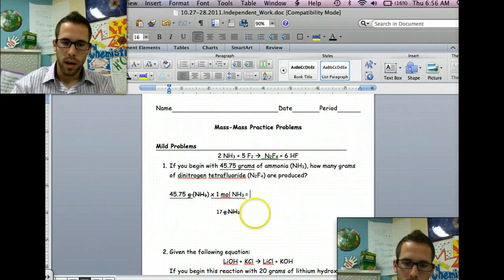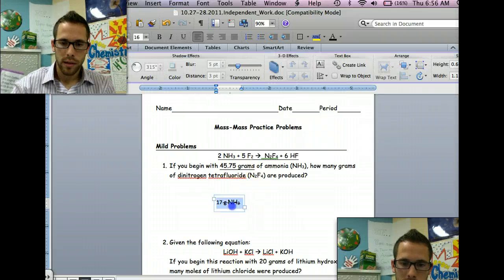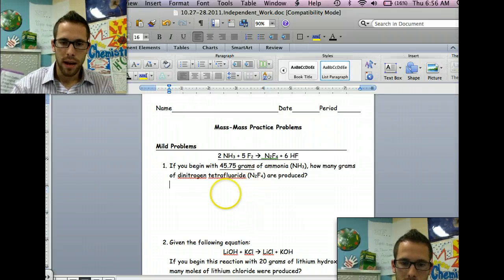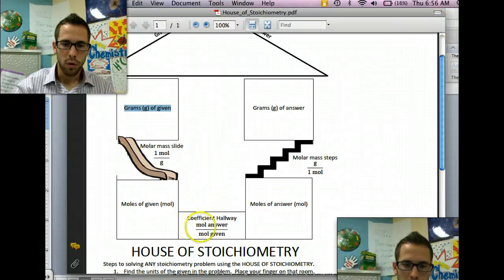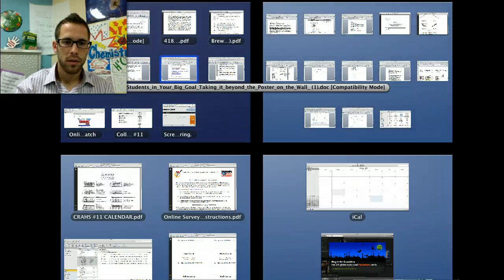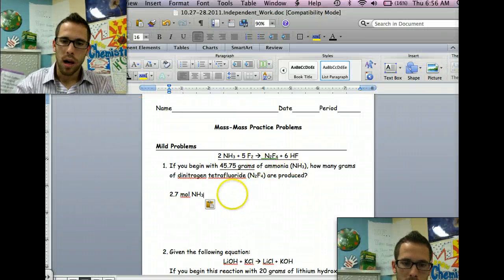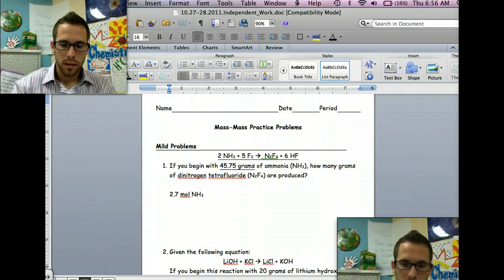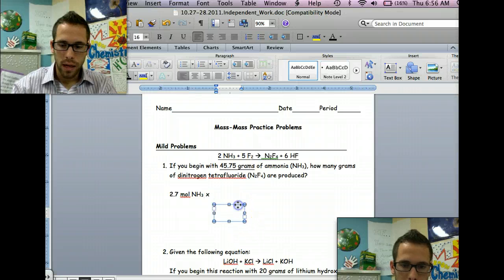The next step, when I look at my house of stoichiometry, it tells me that I need to go down the coefficient hallway right here. Find the moles of the answer over the moles of the given. So let's do that. So I have this many moles of the given, and I need X. I need to find moles of the answer.